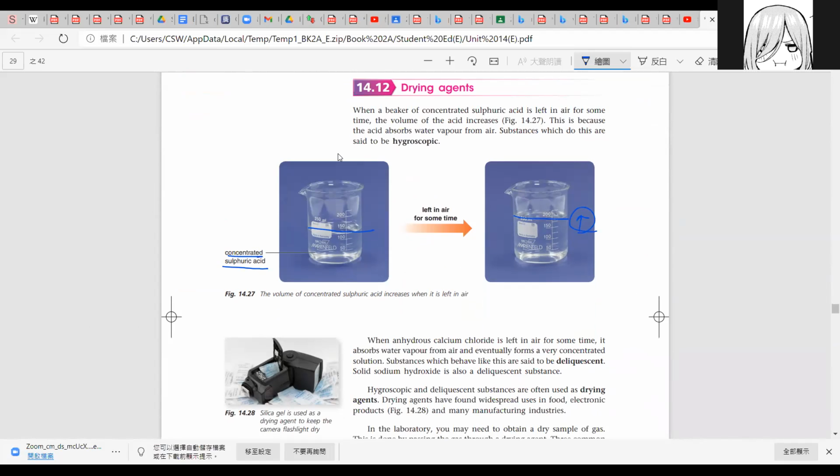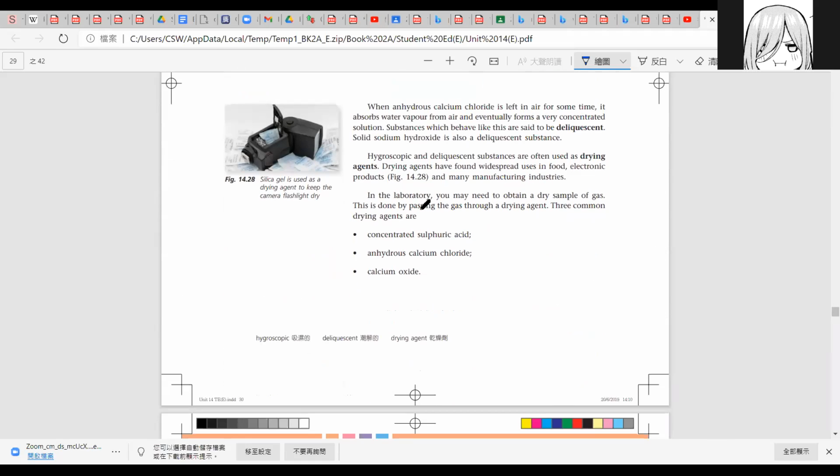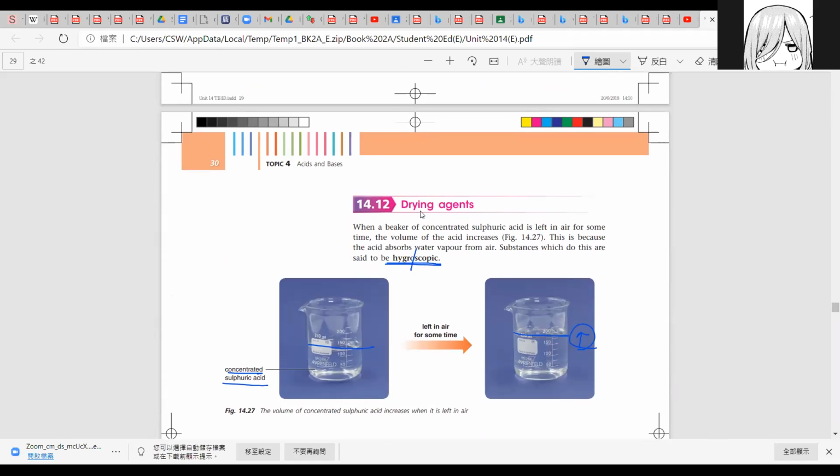So we would call this type of chemical hygroscopic. What is meant by hygroscopic? Of course, that type of chemical is rather effective to dry the water vapor in the air. But it's not safe.